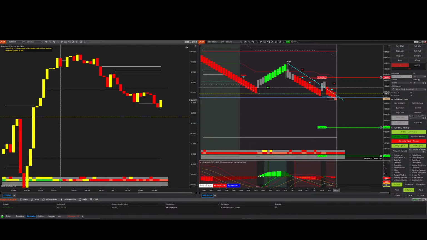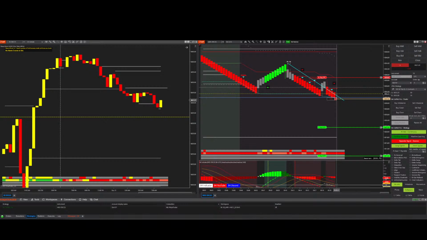Yeah, that's a major key inflection point right here. If it does break it, that would fit the measured move for the Y pattern breakout.